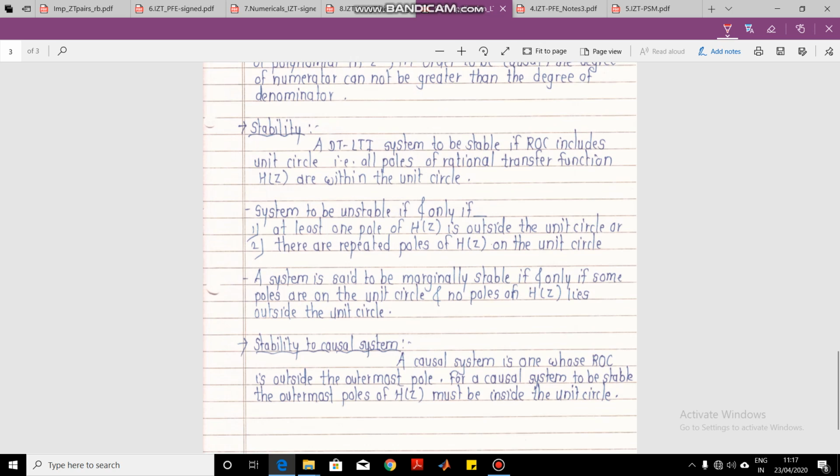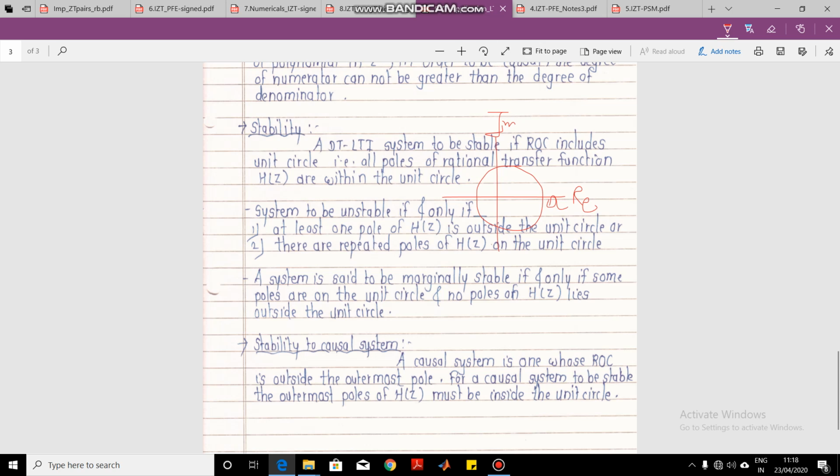Whenever we plot the ROC of the Z transform, we specify the region: exterior to this circle, or interior to this circle. So this is our Z plane, with the real part of Z here and the imaginary part of Z here, and here we have this circle of radius A. Whether the ROC is exterior or interior, I have to see where my unit circle lies.